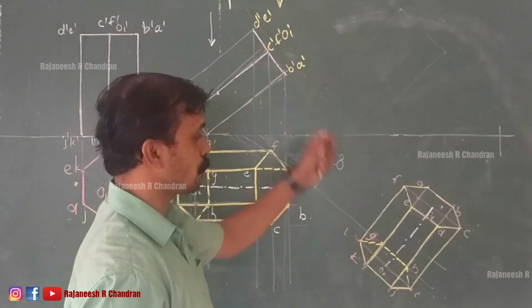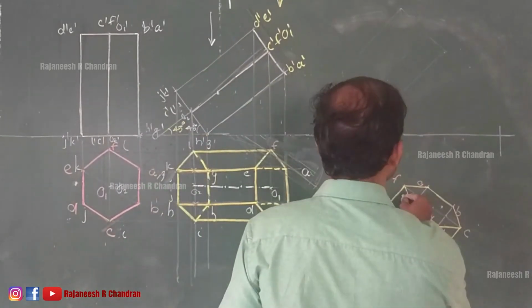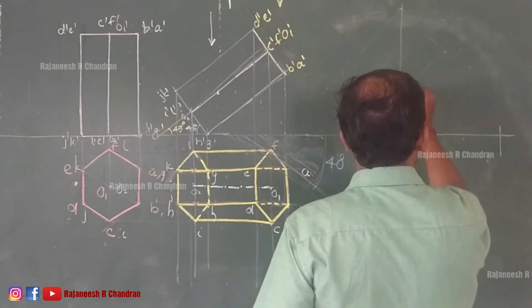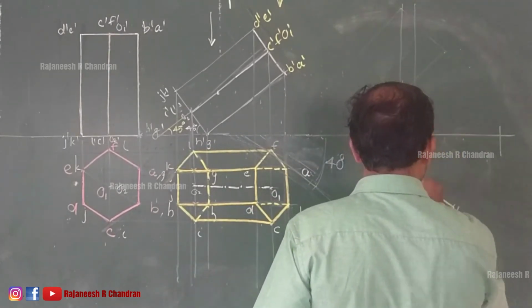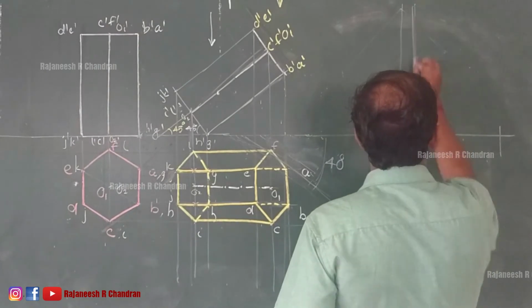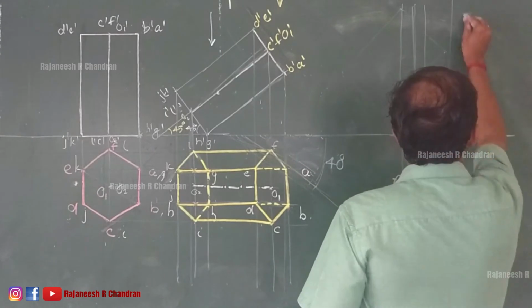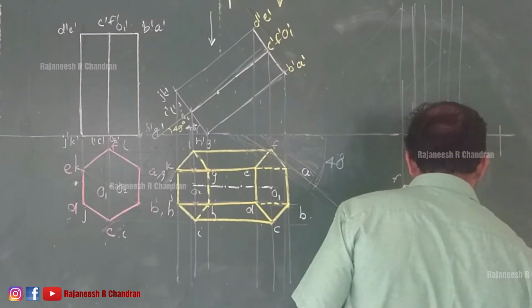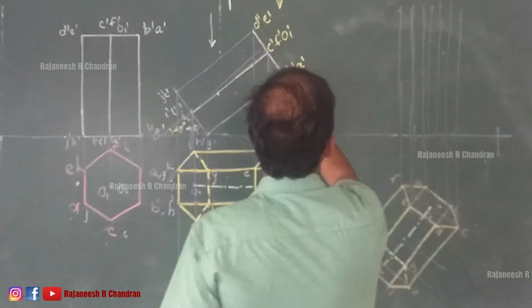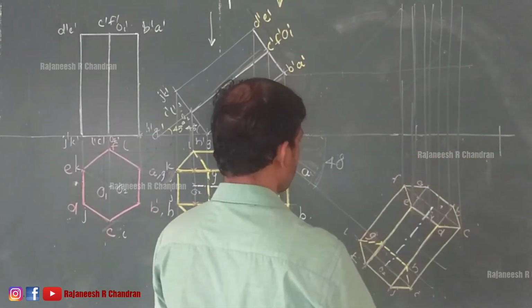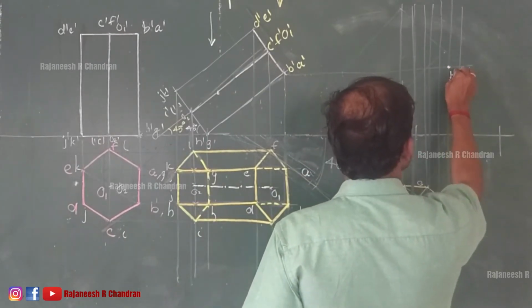For that we have to project all the points. So what I have told earlier, we have to obtain a single face. This is the projector through B, so this will be our B dash.